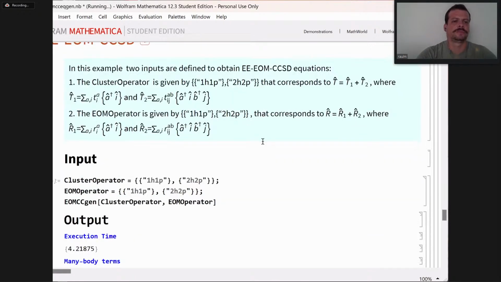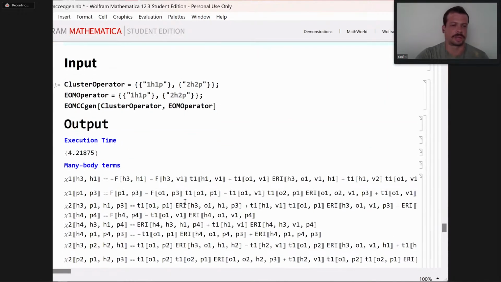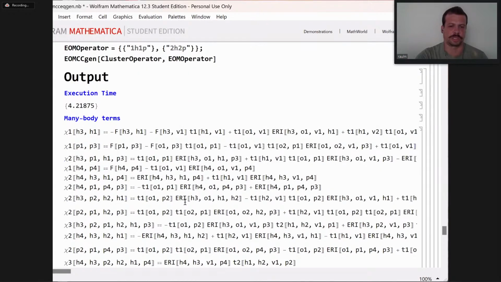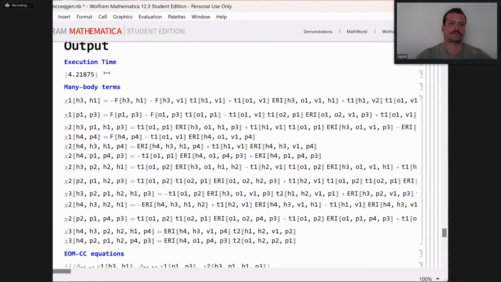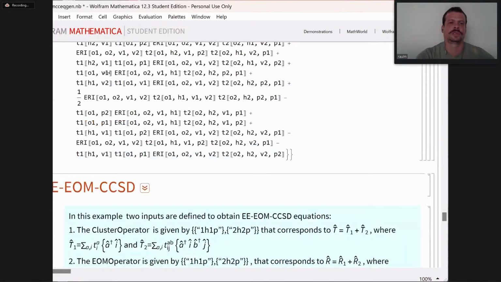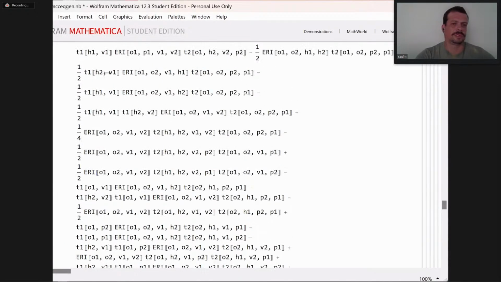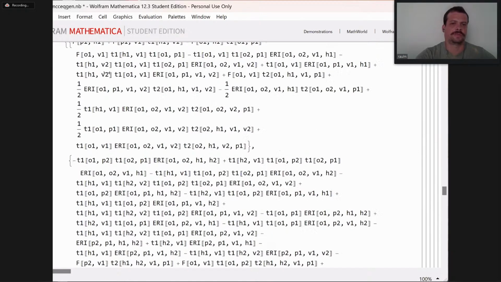And yeah, for the equation of motion coupled cluster, we need to define the operators T1, T2, R1, R2. Here I already ran the calculations, so we already obtained the expression. So first we obtain the many body term. This is the execution time. I don't know why the other example is taking a lot. It already finished. So yeah, we obtained the coupled cluster equations here.